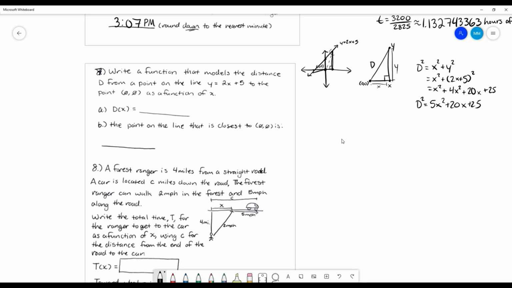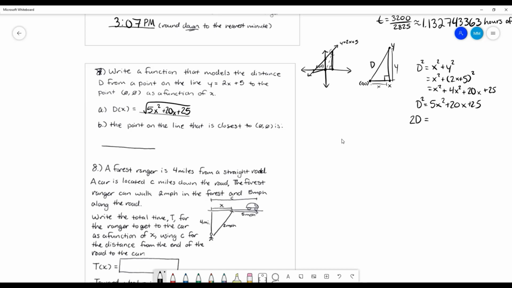Then our distance is going to be the square root of this. So I'm going to go ahead and write that over here. Oops. And again, we don't need to take that square root before taking the derivative. So I am just going to do the same thing I did last time.